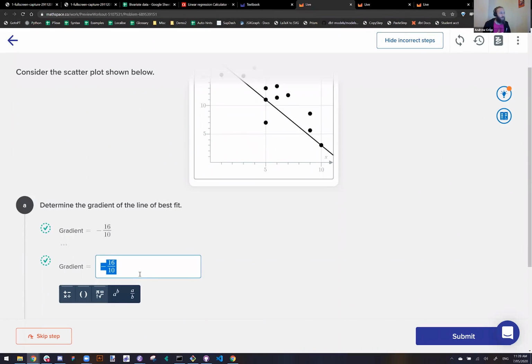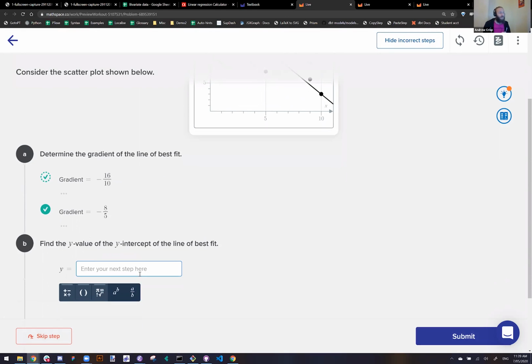Okay, correct working step. I've got to simplify this fraction. Minus 16 on 10, I can divide the top and the bottom by 2, so minus 8 on 5. So that's my gradient. I could write it in a decimal as well, and Mathspace would accept that, of course.